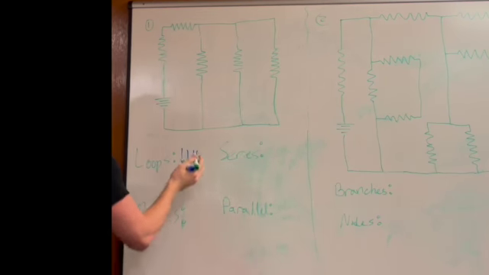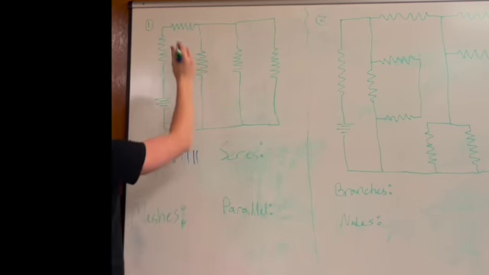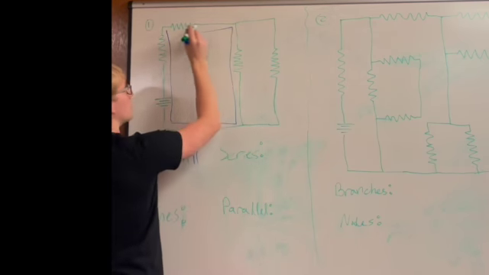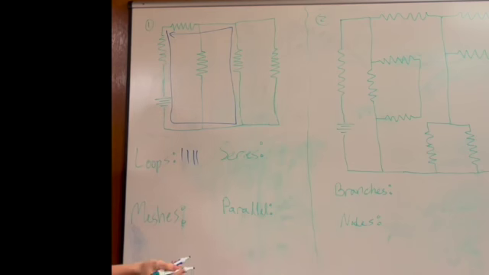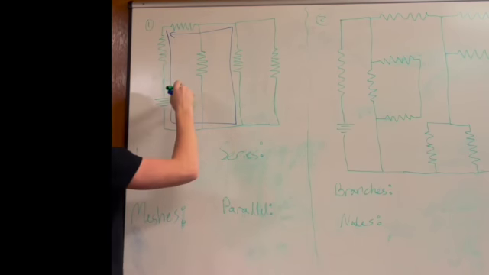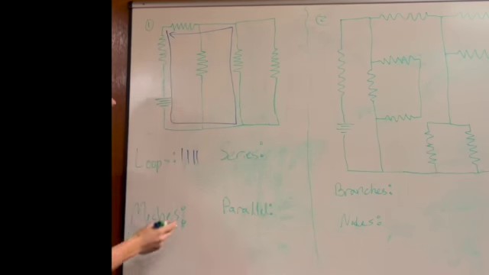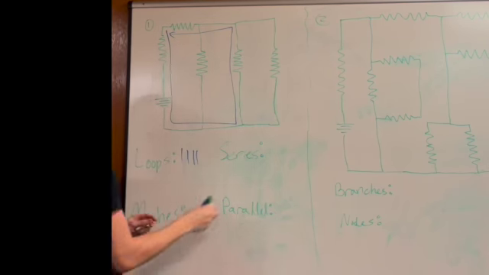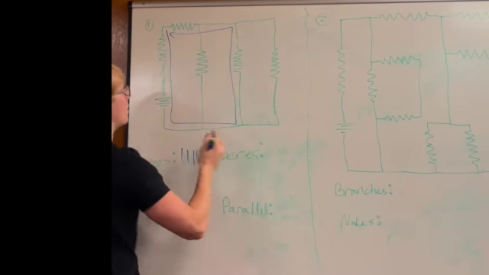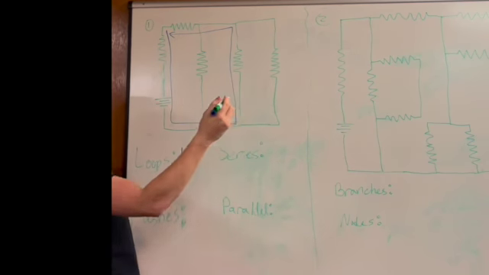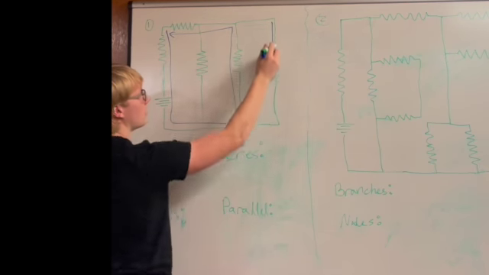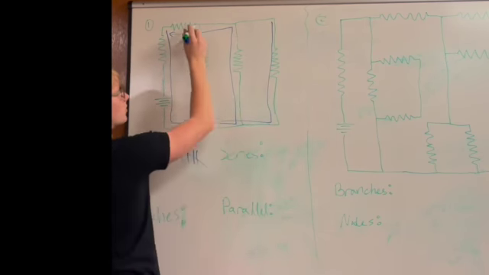Fifth loop would be something like this. Same thing. It's a continuous path that doesn't cross over itself, that ends in the same spot it started. Our sixth loop is going to be this one.